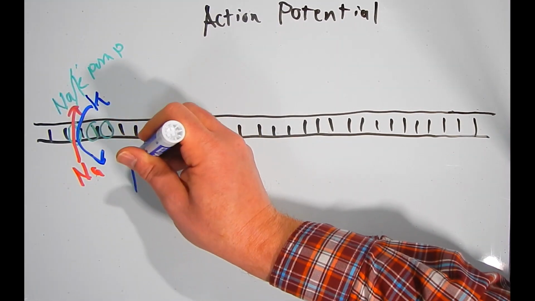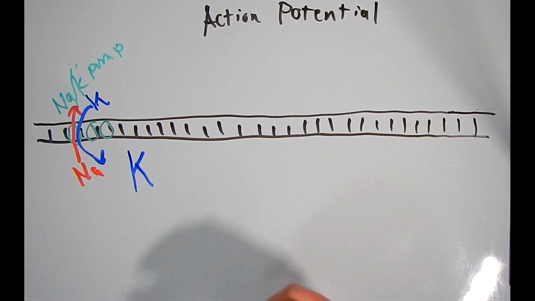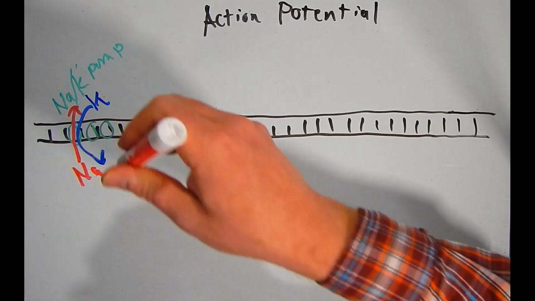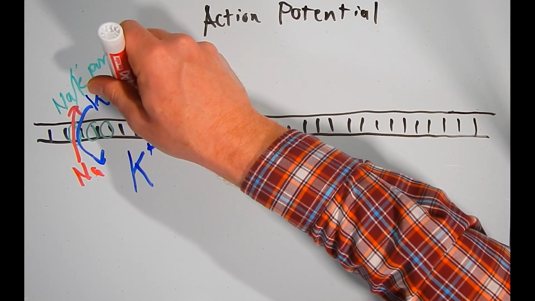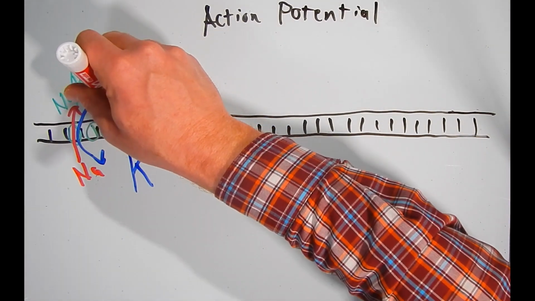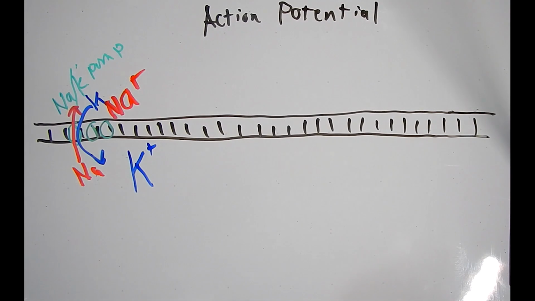As a result, we have a high concentration of potassium inside the cell and a high concentration of sodium outside the cell.